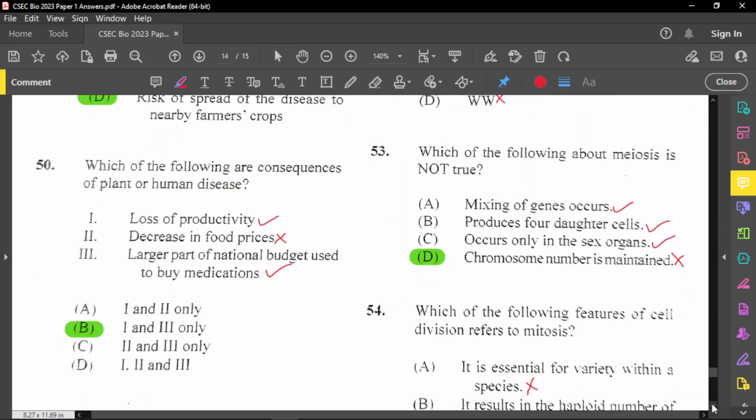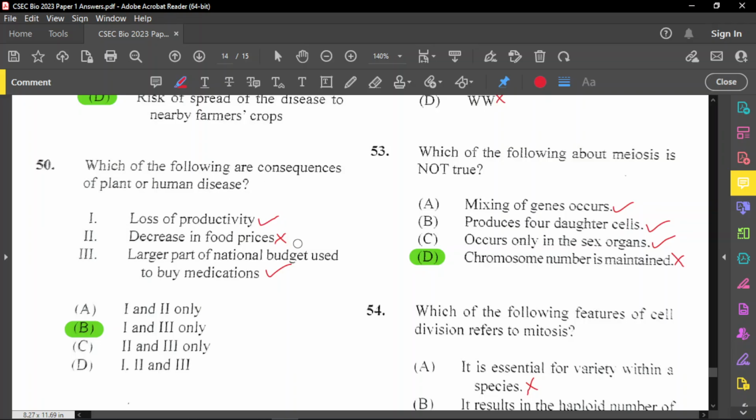All right, now 50. It said, which of the following are consequences of plant or human disease? And so loss of productivity, yes. Decreasing food prices, yes. Larger part of national budget used to buy medication, yes, definitely. So decreasing food prices would not necessarily be caused by human disease.